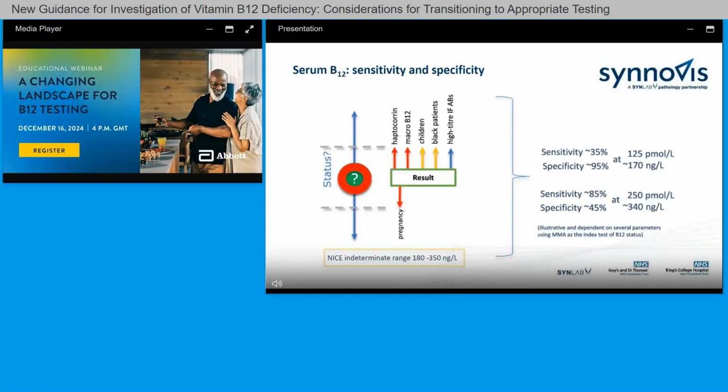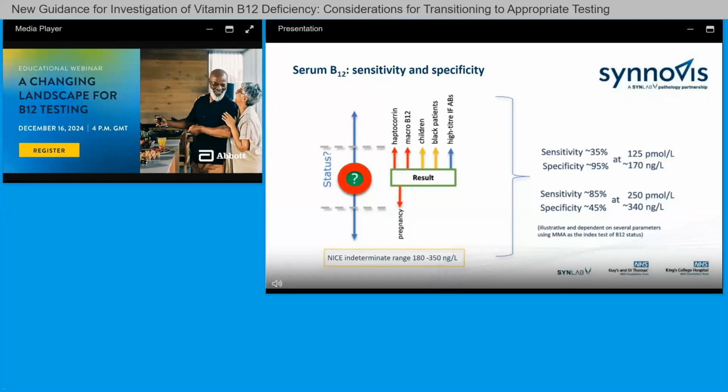Now, we know that we can boost the sensitivity of our serum B12 assay by choosing a higher cutoff. So, for example, if we were to use a cutoff of 340 nanograms per litre, we have the desired effect. The sensitivity leaps to 85%. You're still missing 15 out of every 100 deficient patients, but it's an improved situation on using a lower cutoff.